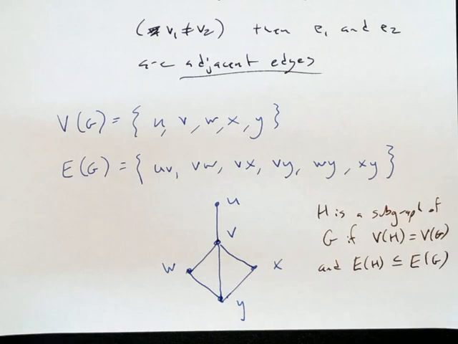If I keep the same vertex set and I take a subset of the edges, I've created a subgraph.